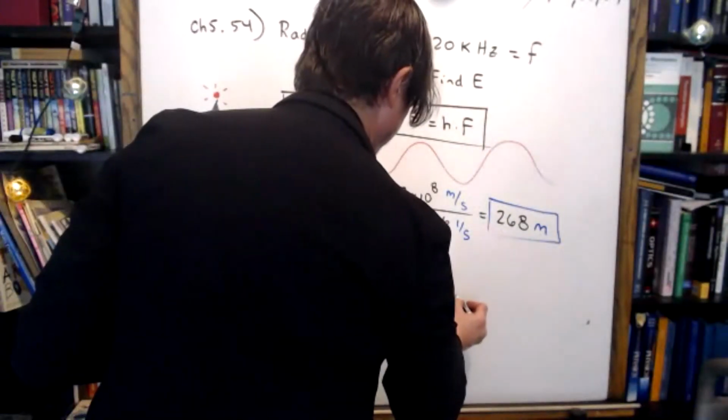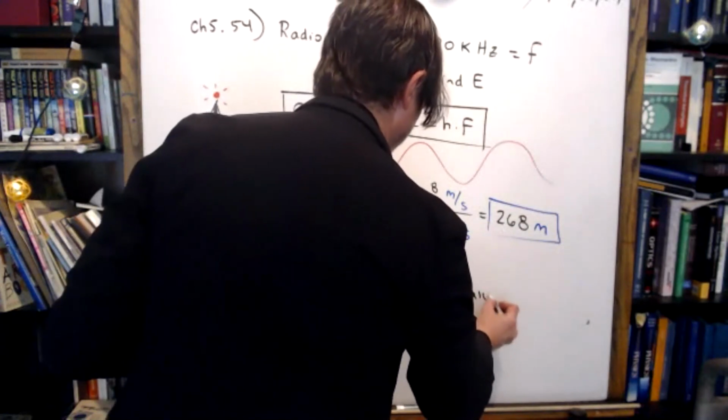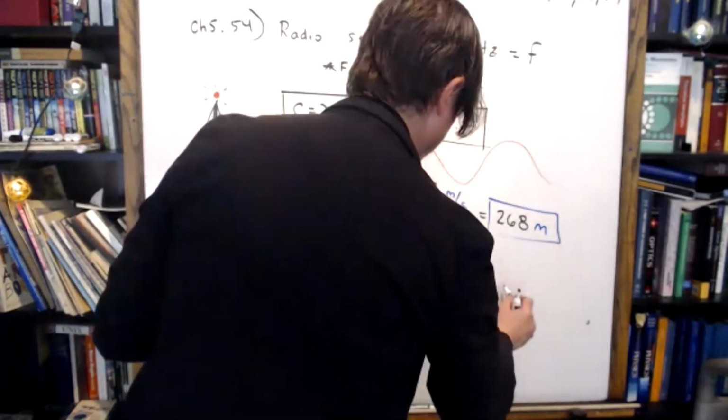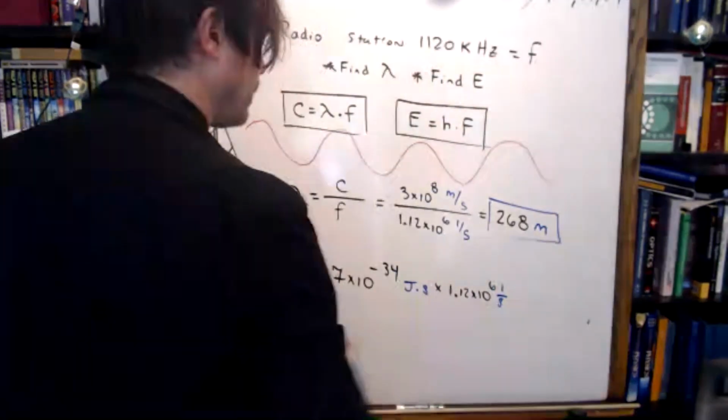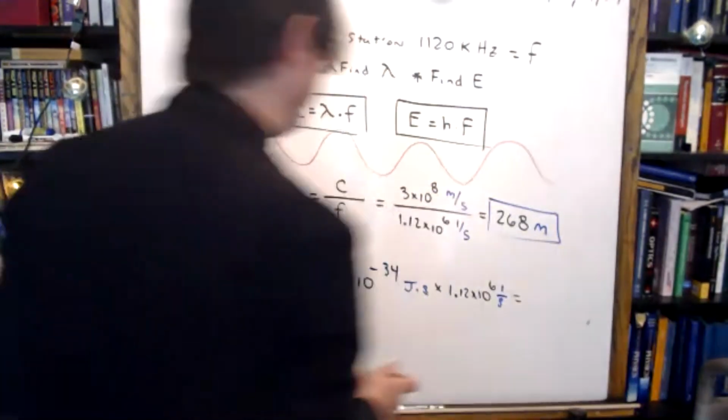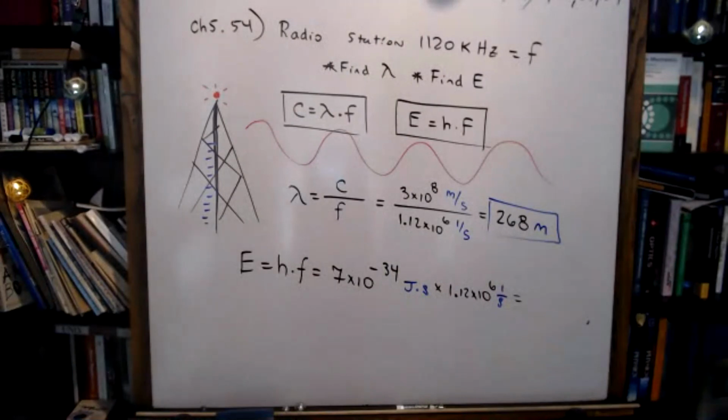And now we'll multiply by the frequency, 1.12 times 10 to the 6 hertz. What you get? Seven times 10 to the negative 28.